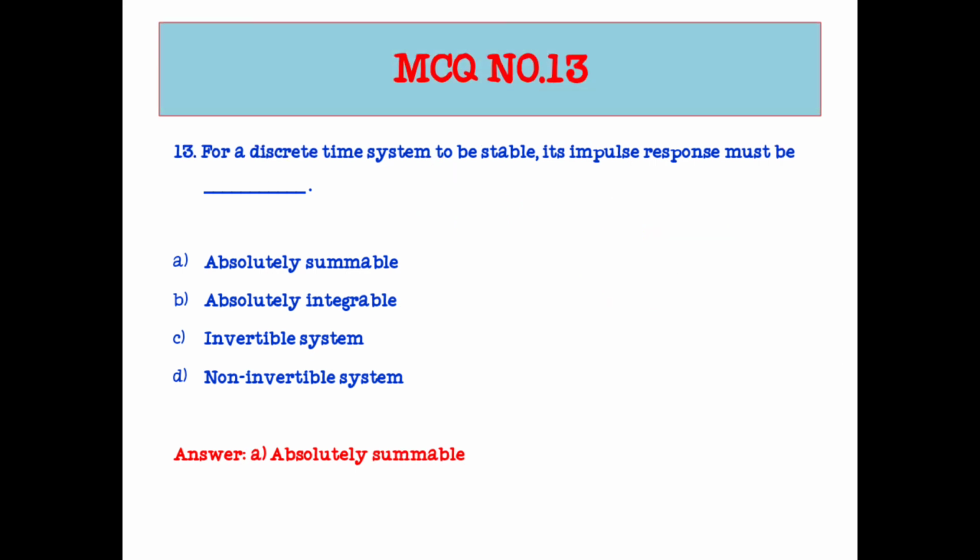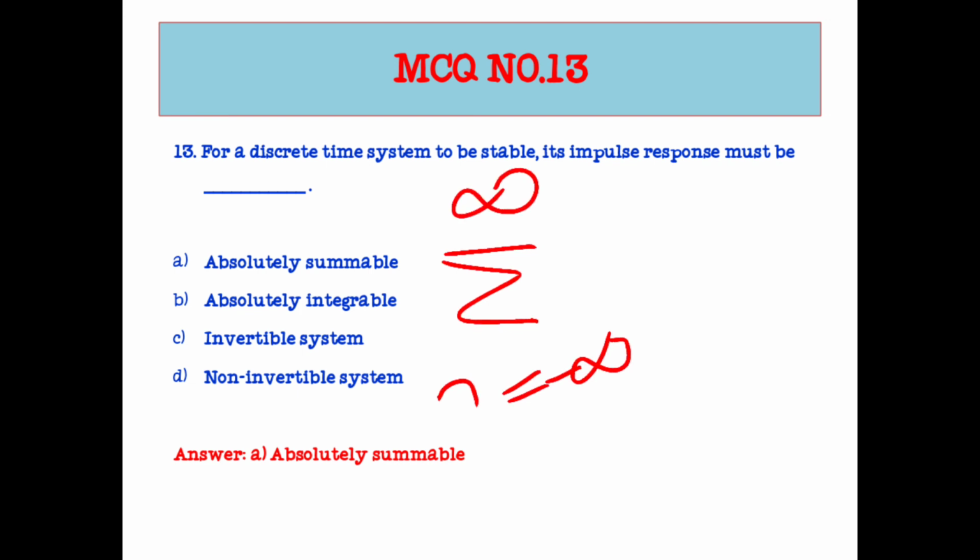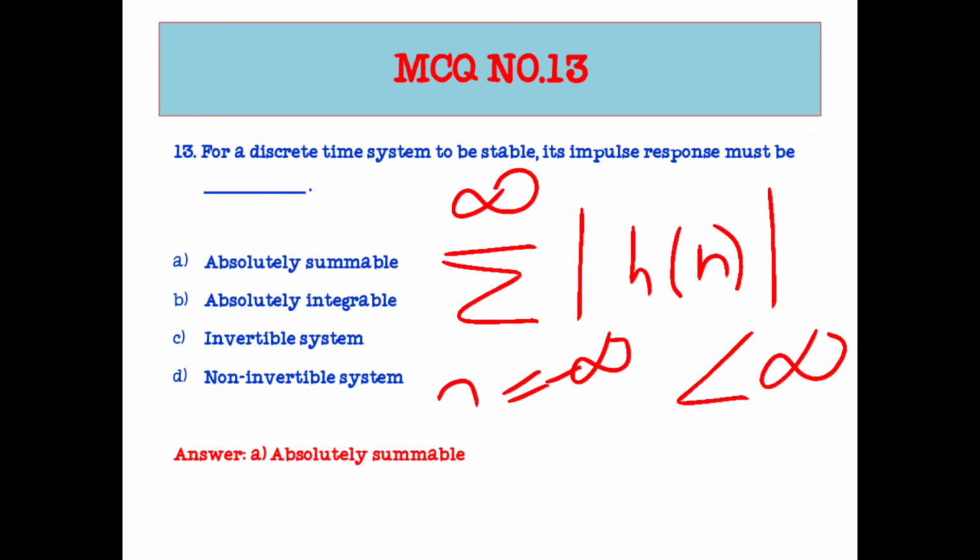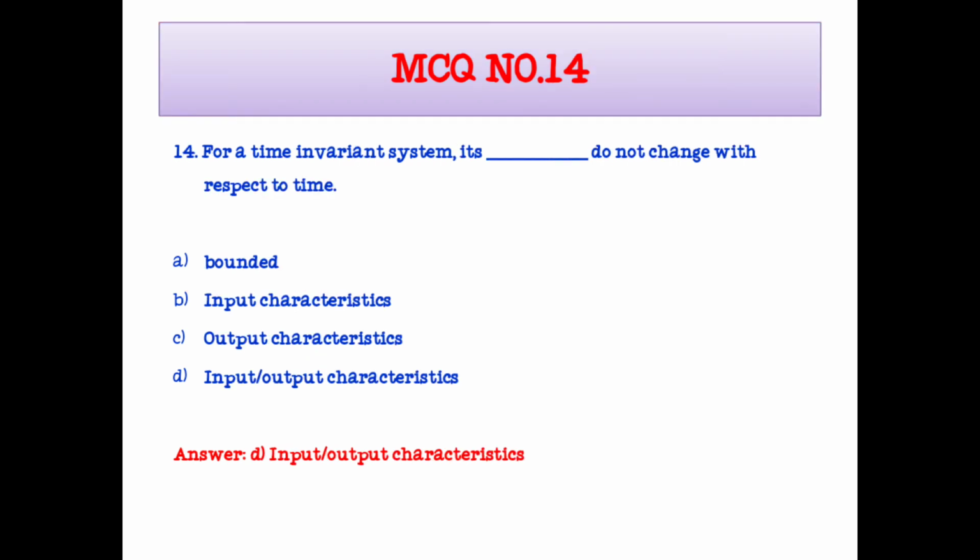In a similar way, for a discrete time system to be stable, the summation n equal to minus infinity to infinity of modulus of h of n should be less than infinity. So this is absolutely summable. Its impulse response h of n must be absolutely summable.